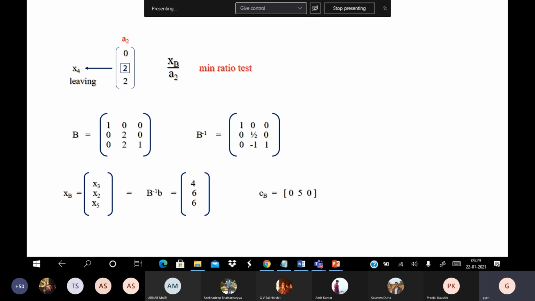So now you do the next iteration on your own and tell me whether it is optimal or not. First check whether this solution is optimal or not.